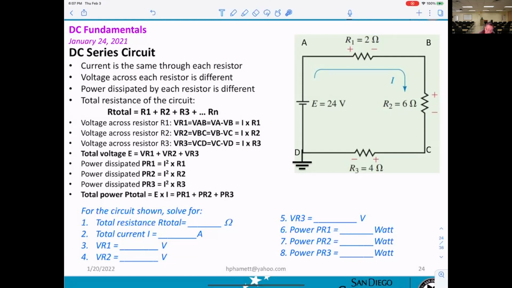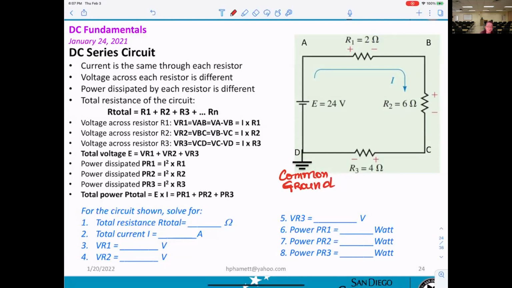The second thing you see, what is this here? Common ground. Normally we call it common, right? Or ground.